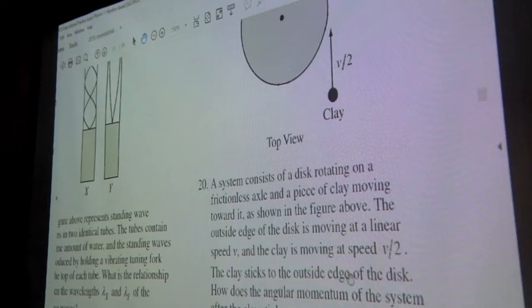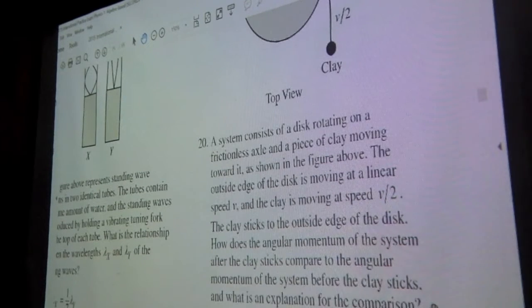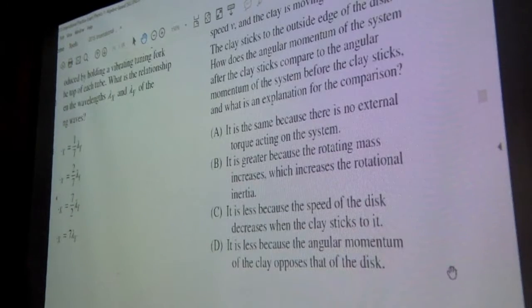The clay sticks to the outside edge of the disc. How does the angular momentum of the system after the clay sticks compare to the angular momentum of the system before the clay sticks? And what is an explanation for the comparison? So what is going to happen to the angular momentum of the system is the question.